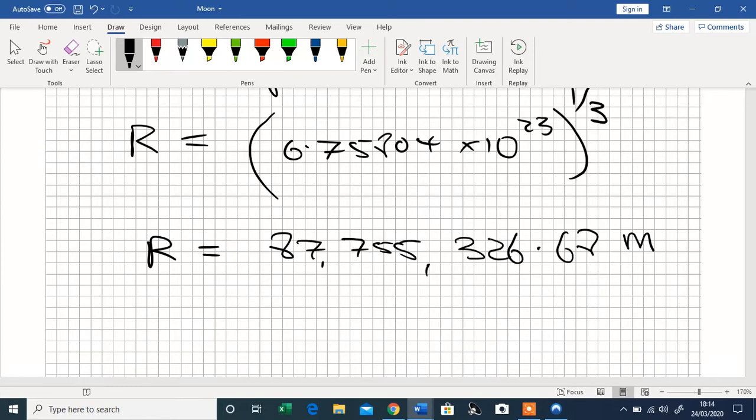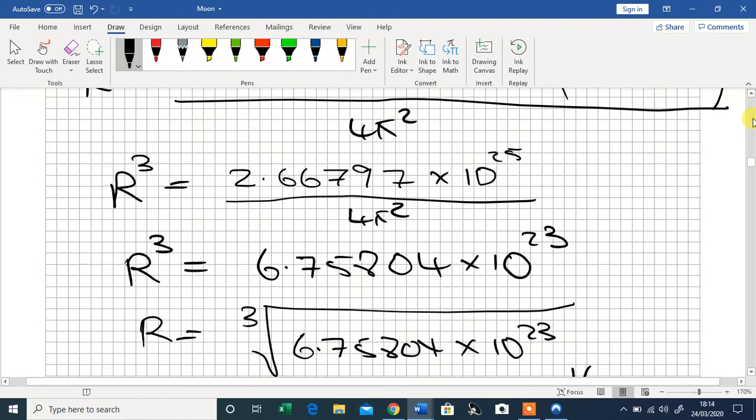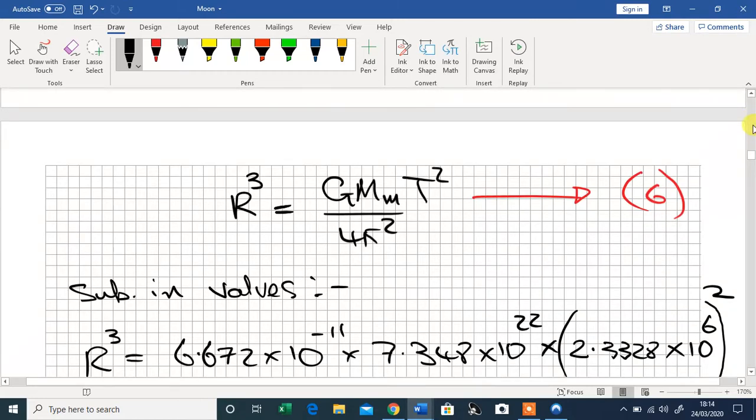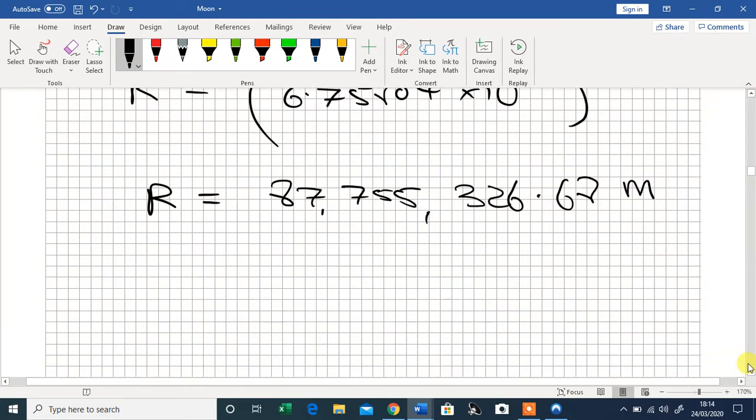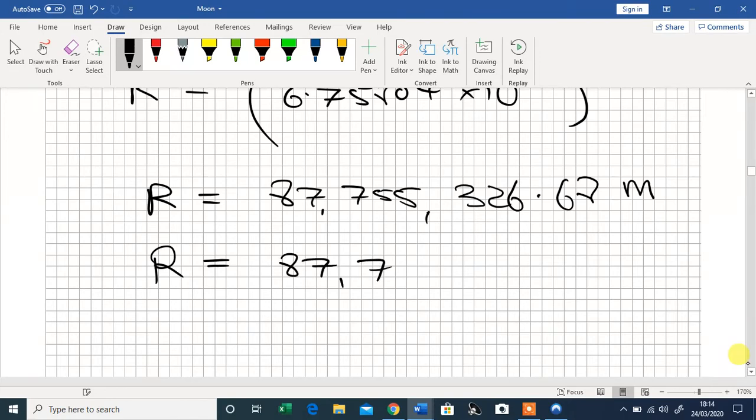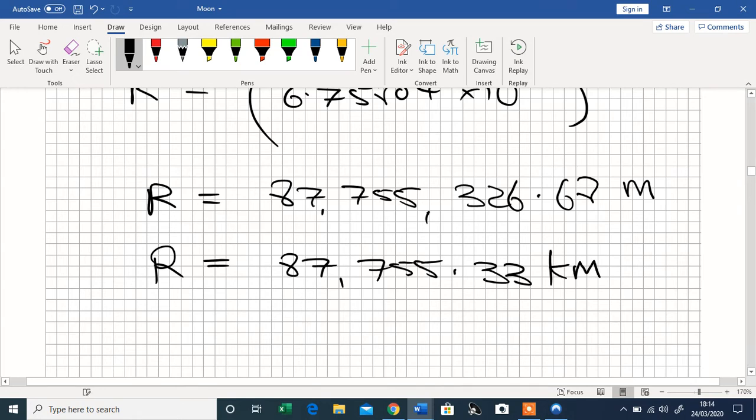Now I'm going to double check something, because yeah, that's right, we didn't actually in the end need the radius of the moon, I don't think. But anyway, so what's that in kilometers? So the radius of a geostationary satellite above the center of the moon is 87,755.33 kilometers. God, that seems high.